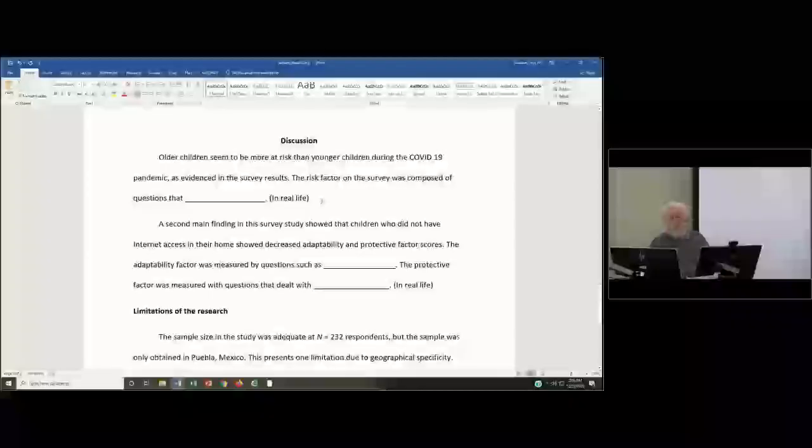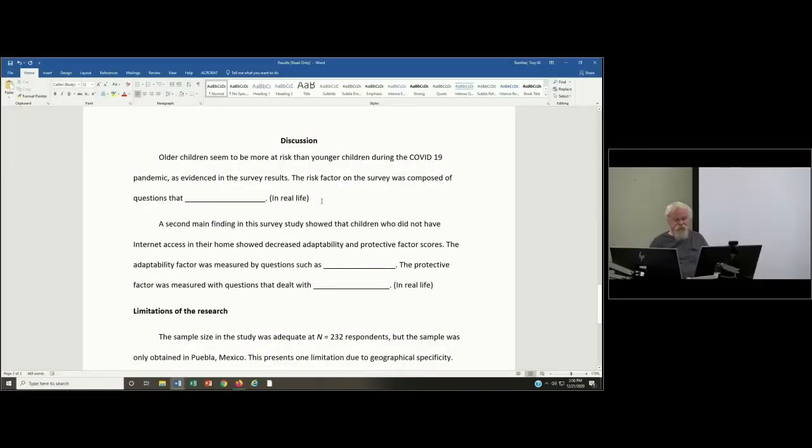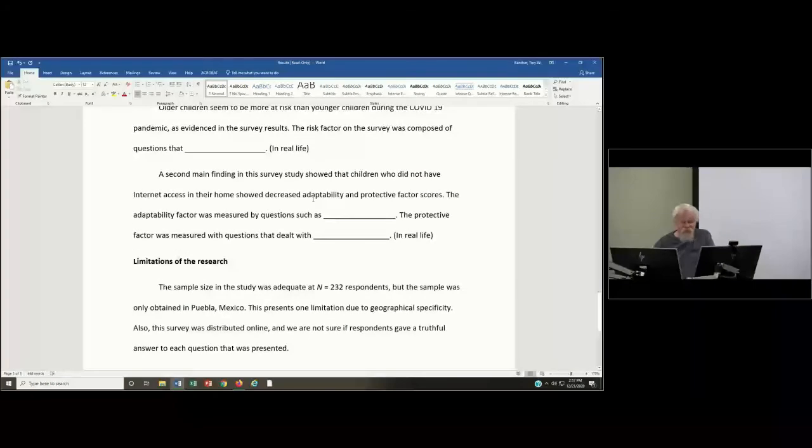Now again, just to recap, if you're doing survey research, a discussion section is going to look like this. All right, you'll talk about main findings, and then explain those main findings, and then how do they apply in real life. And then you'll hit the second main finding if you have one.